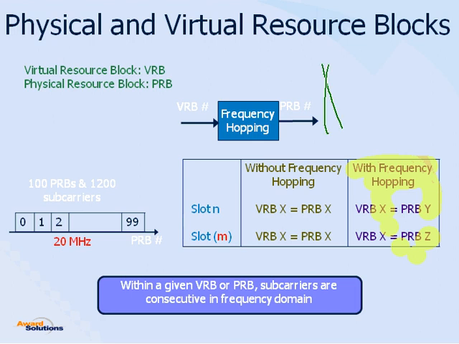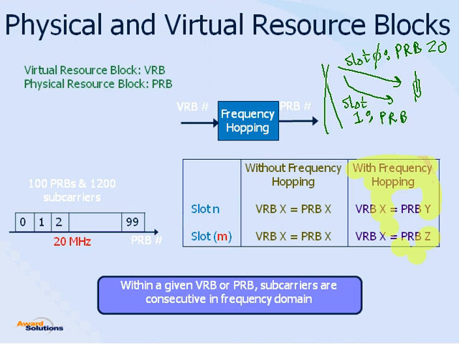So our user will get data, let's say during slot 0, it may get data on physical block number 20, and in the next slot number 1, it would get data on another physical block, maybe physical block number 30, depending on this frequency hopping formula.